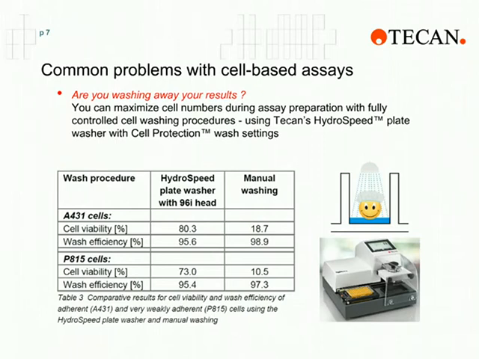When we compare manual washing with the HydroSpeed washer from Tecan, which uses the cell protection feature in the software, which allows gentle washing of your cells, although the wash efficiency is similar between the HydroSpeed and the manual washing, you definitely have a much higher cell viability when you do an automated washing procedure with the HydroSpeed. So you really can maximize your cell numbers during assay preparation with the HydroSpeed washer.